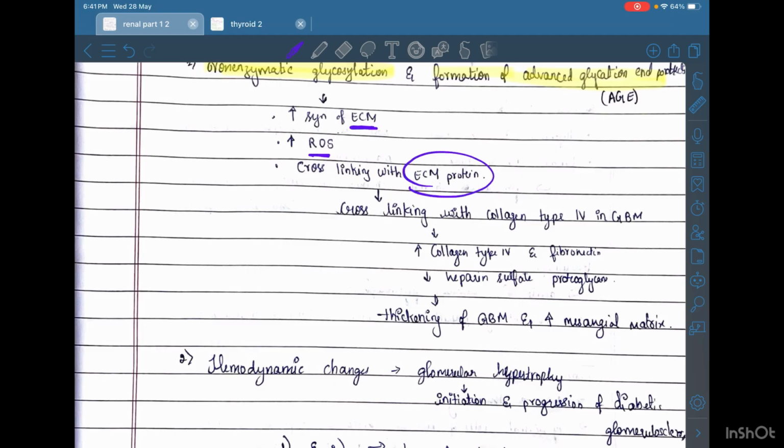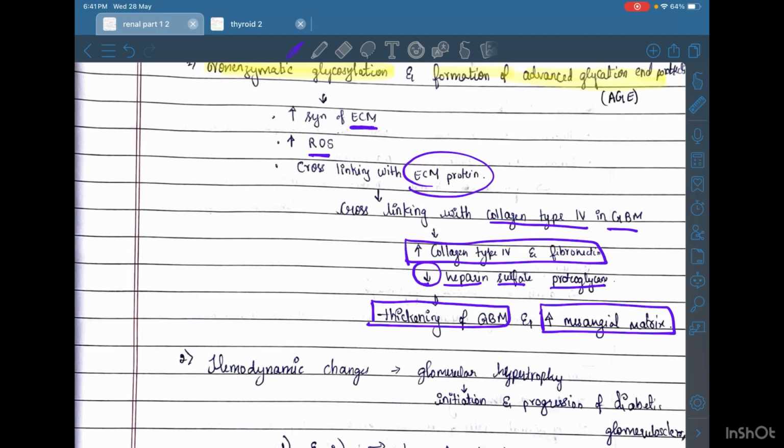This cross-linking with collagen type 4 in the glomerular basement membrane increases collagen type 4 and fibronectin, but decreases heparan sulfate proteoglycan. This results in thickening of the glomerular basement membrane as well as increased mesangial matrix.